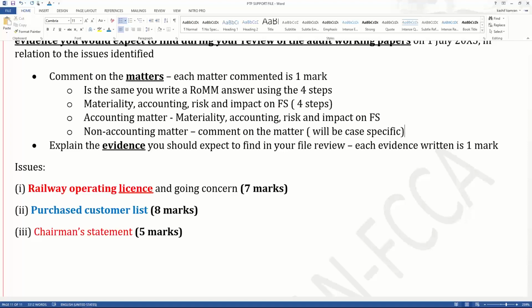So not necessarily every time comment on the matter is the 4-step model. In a certain case, the comment on the matter will be a case exercise, where you read the case and understand what matters to comment on. That means in the session today, you will get to know that comment on the matter is not just materiality, accounting treatment, risk and impact. It can be more than that. Is that clear to all of you? But every time you comment on a matter in an evidence question, you get 1 mark per comment, right?